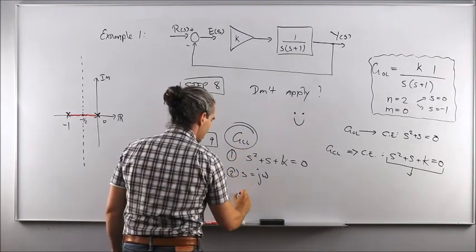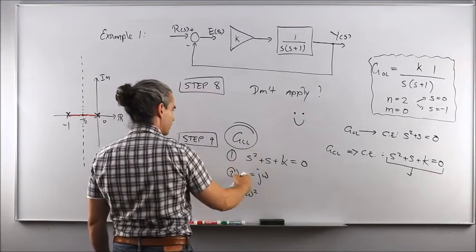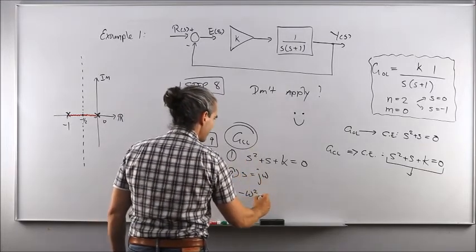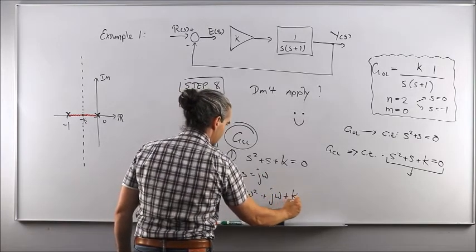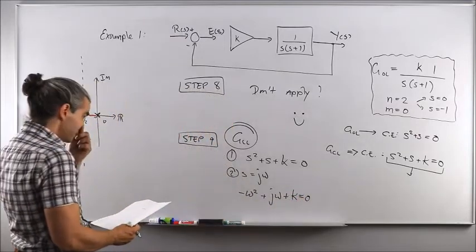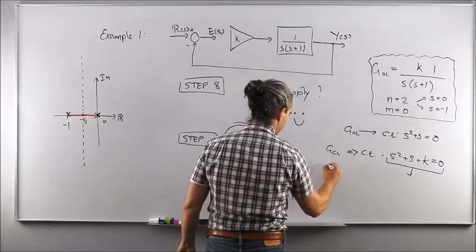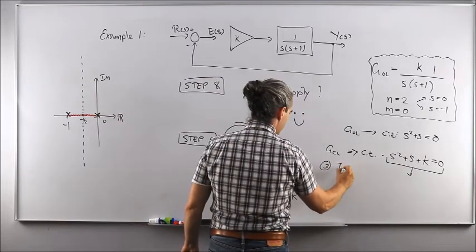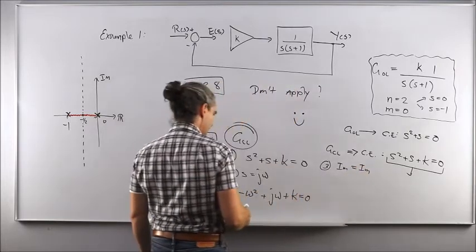Such that you're going to get minus omega squared for S squared in terms of j omega, plus j omega, plus K. And then what you do is that you equate imaginary equal to imaginary of that equation.